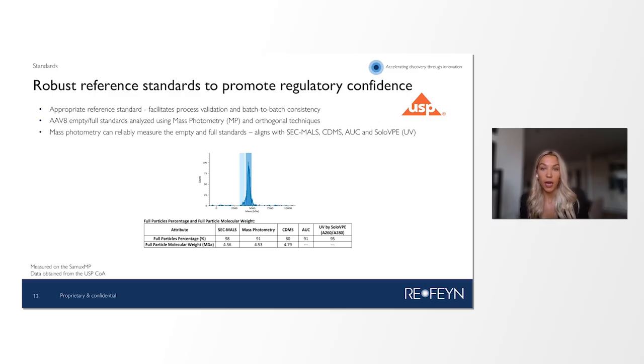This is the AAV8 empty and full standard. For the release of this reference standard, they used mass photometry alongside other orthogonal techniques. They have proven that mass photometry can reliably measure empty and full standards alongside SEC-MALS, CDMS, AUC, and SoloVPE.